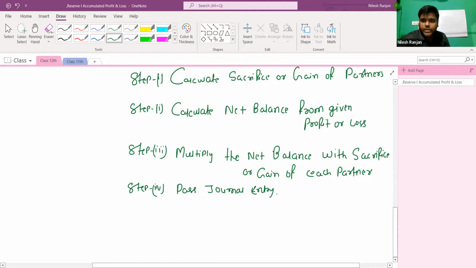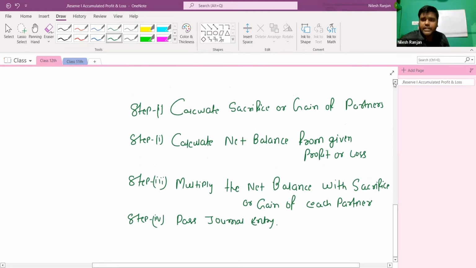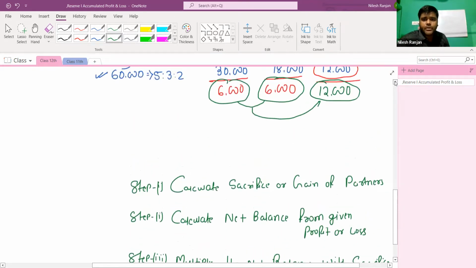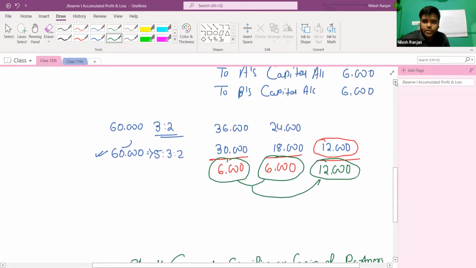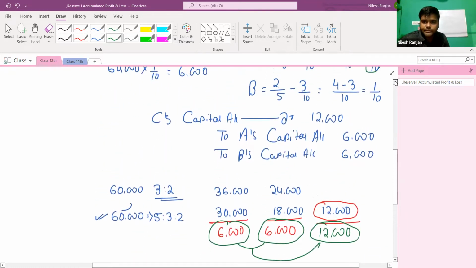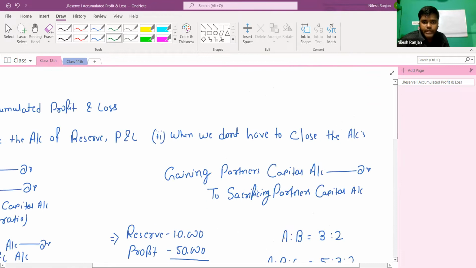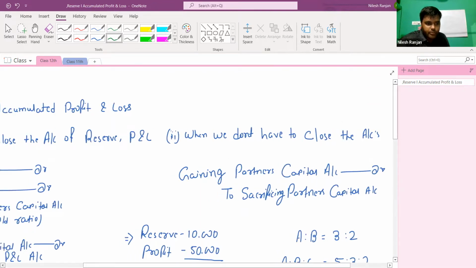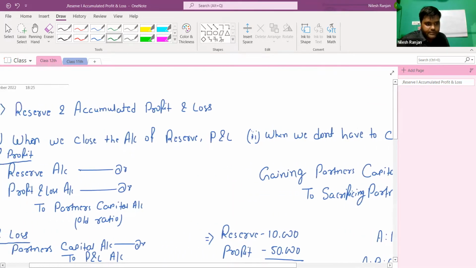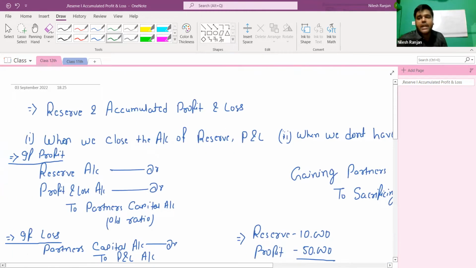It is our case 2. And if you want to also write case 1, then you have to calculate just the share of profit. In case 1, you need to remember one thing, that all the profits and losses will be distributed separately. You cannot calculate net balance.